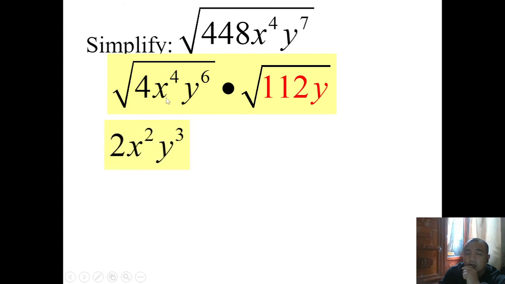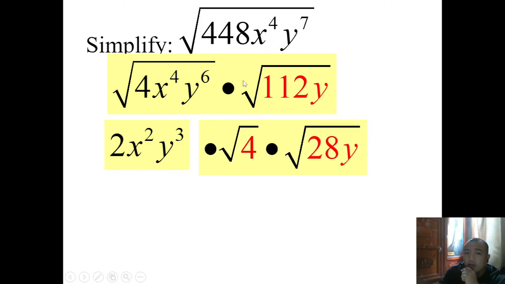For this, we have 2x squared y cubed: just divide the exponents. The 4 can be written as 2 squared, so 2, or simply square root of 4 is 2. But we can still factor 112, which is 4 times 28. So square root of 4 is 2. Multiply the 2 by 2, that becomes 4.